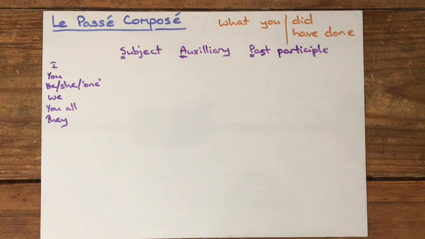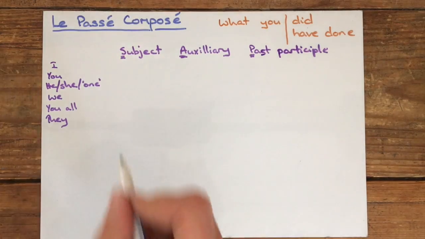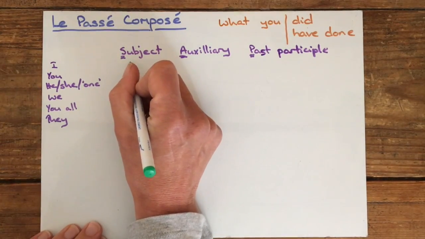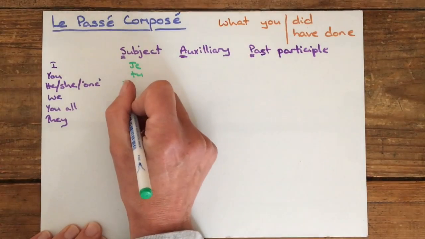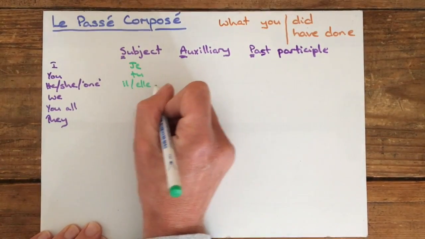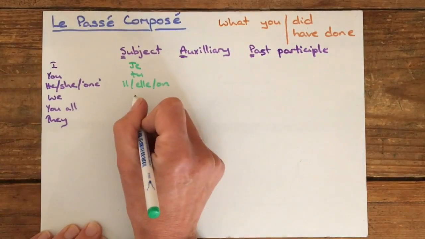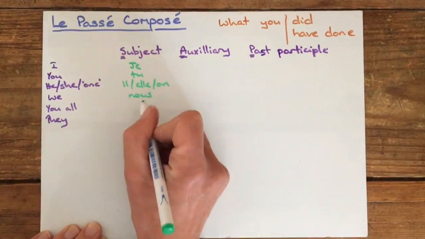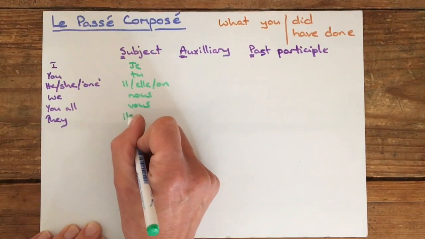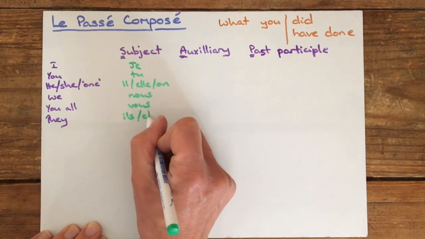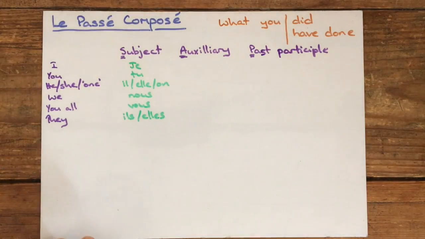So in French, we've got je, tu, il, elle, or on, nous, vous, and then you've got your masculine, ils, or your feminine, elles. So those are your subjects.